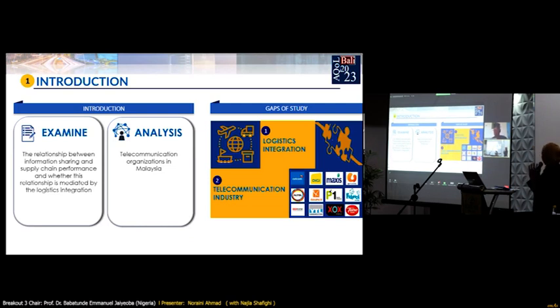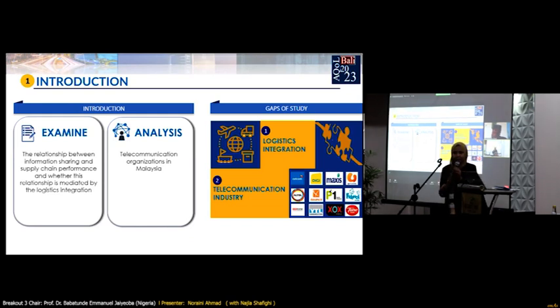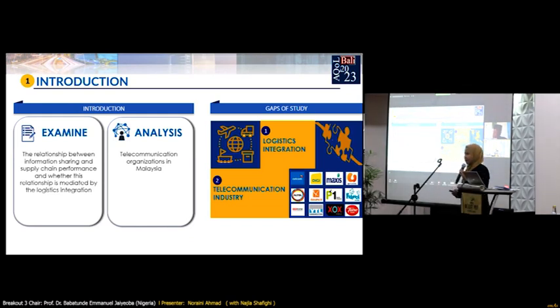Despite COVID, whether you noticed or not, the telecommunication industry increased a lot because of its activities. Nowadays, when we talk about the telecommunication industry, people always think about handphones and mobile, but the industry also provides solutions.